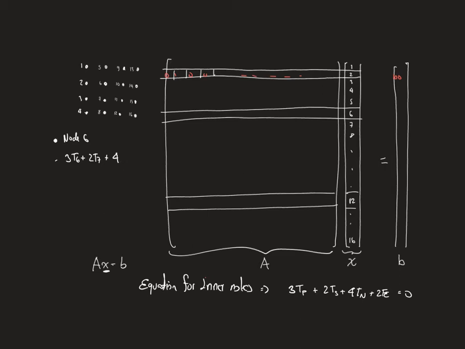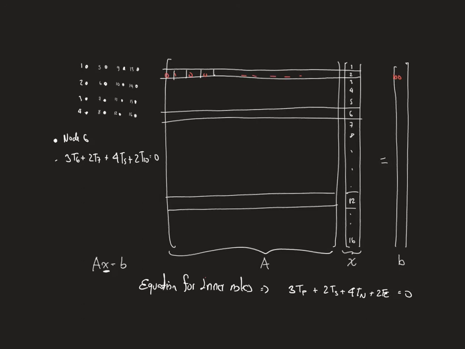What is at the north of 6? It's T5. Plus 2 T east, and at the east of 6 is T10. And this is equal to 0.